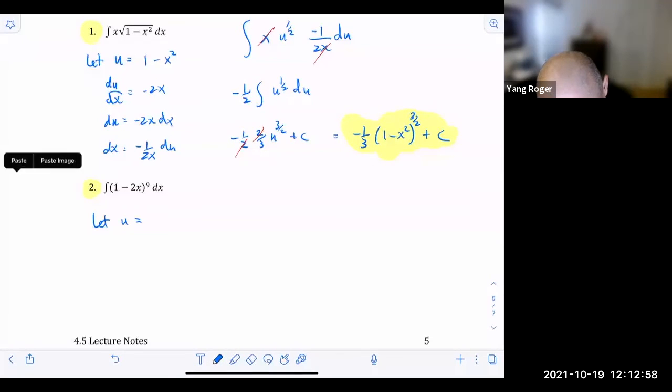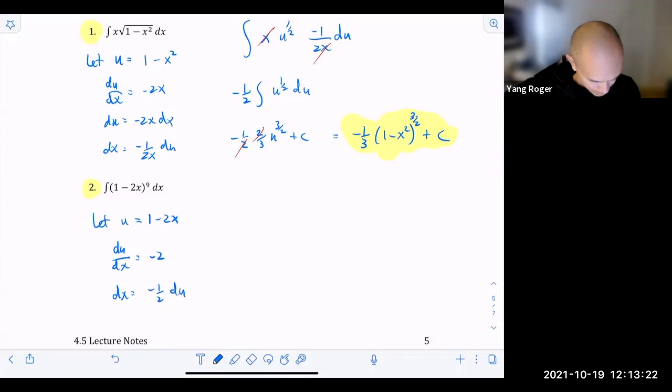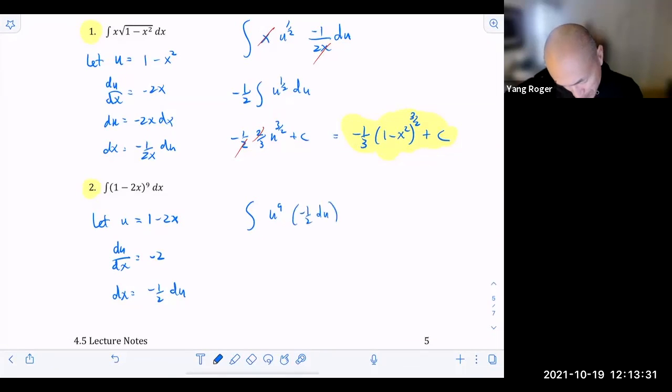Okay, let's say that you knew that this was your u. Why is this your u? Because integrating this is really hard, but integrating u to the 9th is really easy. So our du dx is equal to negative 2. This makes our dx equal to negative 1/2 du. That makes our integral u to the 9th times negative 1/2 du.